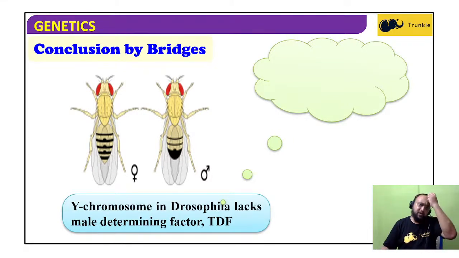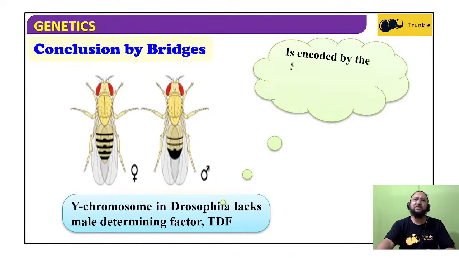This is an important factor, a gene which causes maleness, but it is lacking in the Y chromosome, so the Y chromosome is not the deciding factor. It is the autosomes that also play an important role in determining the sex of Drosophila.